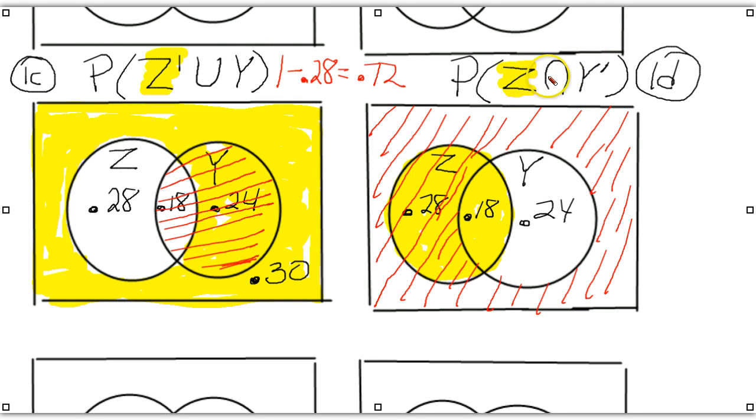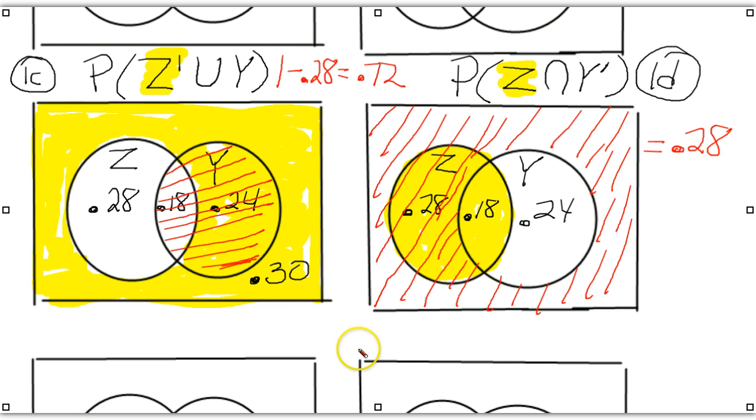And since it's intersection, we're looking for where the yellow overlaps with the shaded red. And that comes up here quite obviously as 0.28.